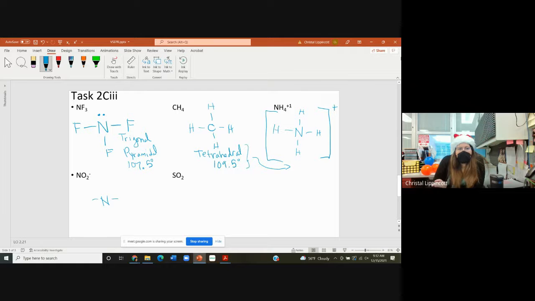So nitrogen then is going to have an oxygen bonded to it, and it's going to have a lone pair of electrons there. Did I put the brackets around this when I drew it for you? Okay. All right. So here you have two things attached and one lone pair. So what is the structure here?